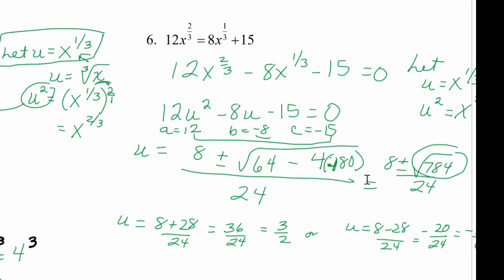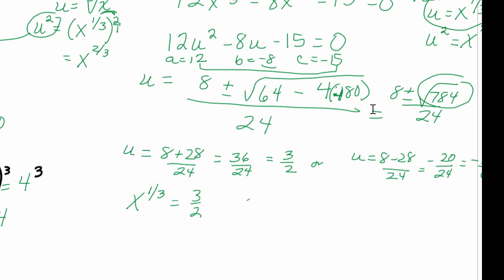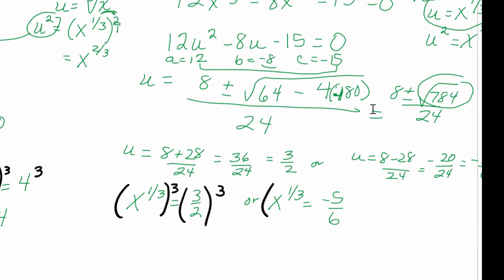So let's go back and put in our cube root of x, right? U is the cube root of x, so x to the 1/3 or cube root of x is 3/2, or x to the 1/3 cube root of x is negative 5/6. And so now we're going to cube both sides to just get the x. So x equals, and how do you cube this? Well, you cube the numerator and the denominator.